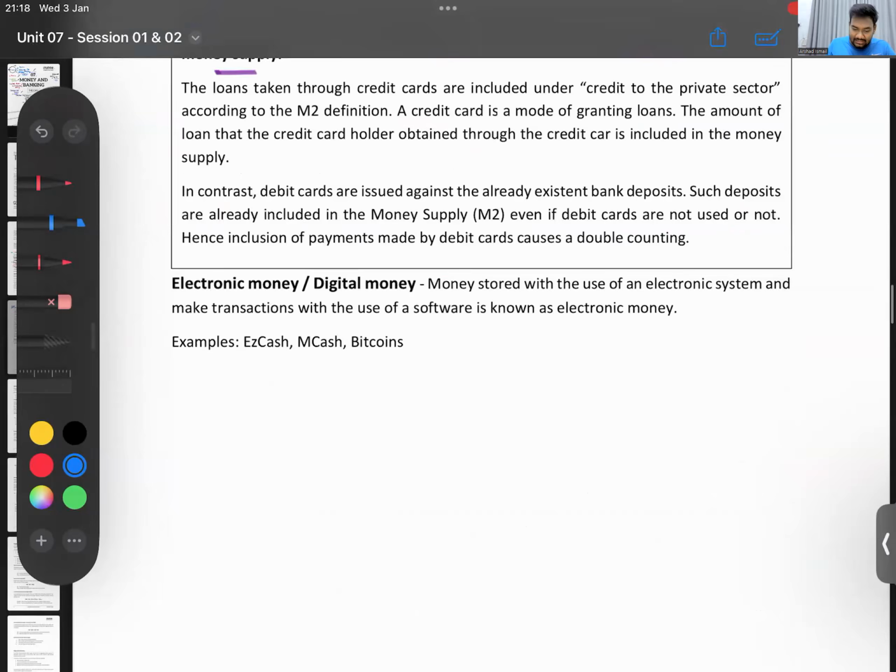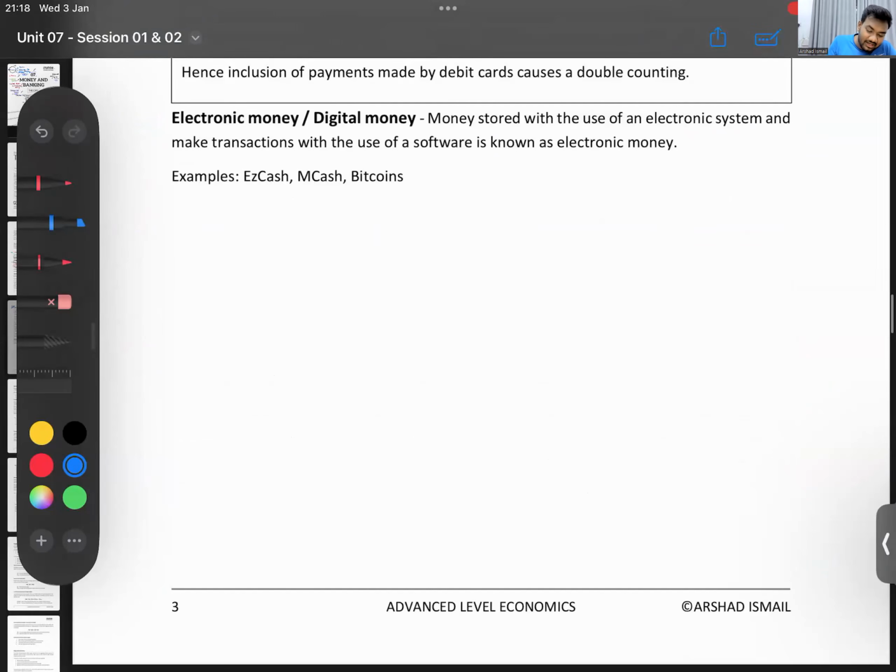Then the last one is electronic or digital money. We say this is money stored with the use of an electronic system.